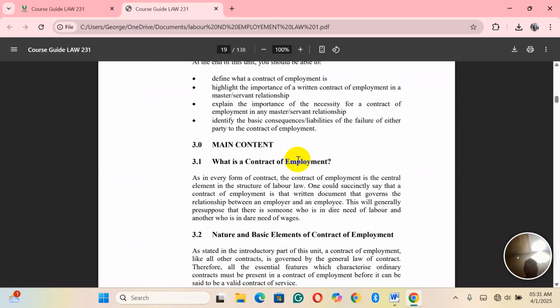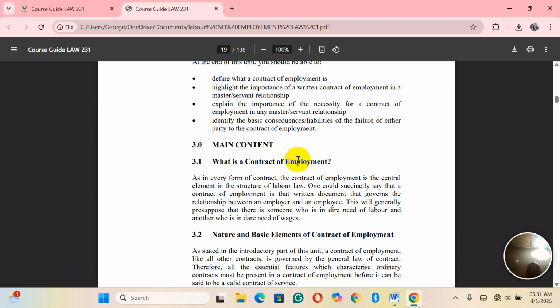As in every form of contract, the contract of employment is the central element in the structure of labor law. One could succinctly say that a contract of employment is that written document that governs the relationship between an employer and an employee.